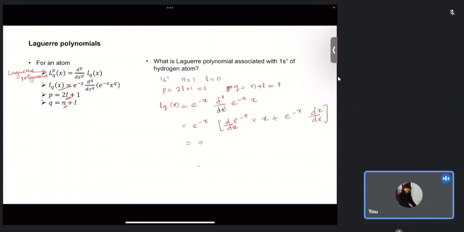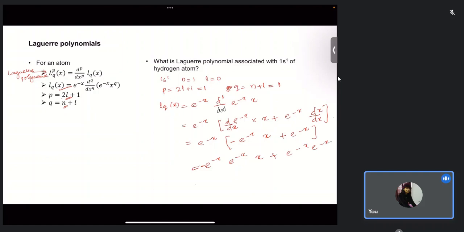So this is going to be e raised to minus x. The differential of e raised to minus x is minus e raised to minus x, into x, plus e raised to minus x, and dx by dx is equal to 1. So it is going to be e raised to minus x times minus e raised to minus x times x plus e raised to minus x times e raised to minus x.